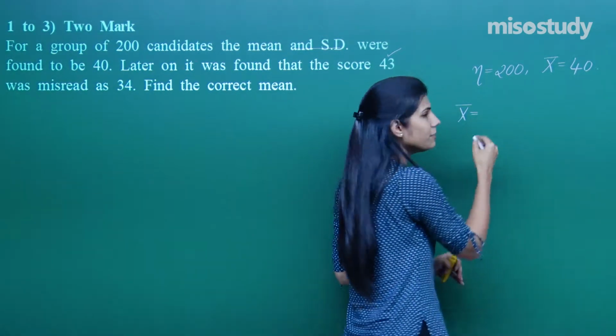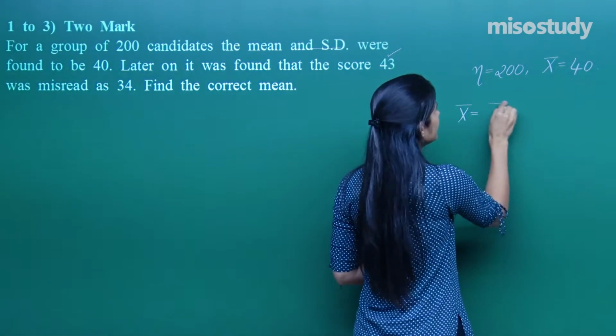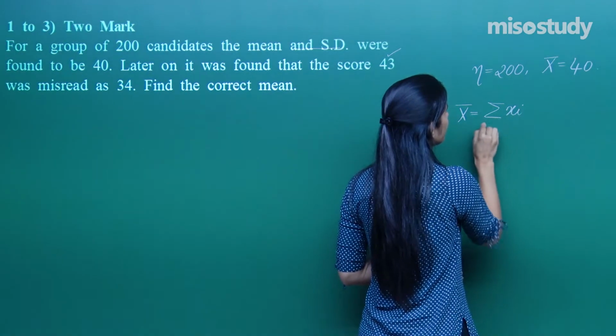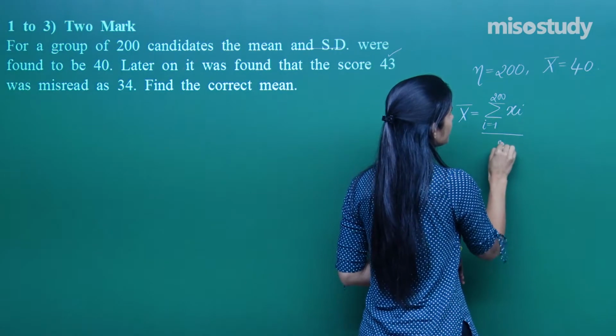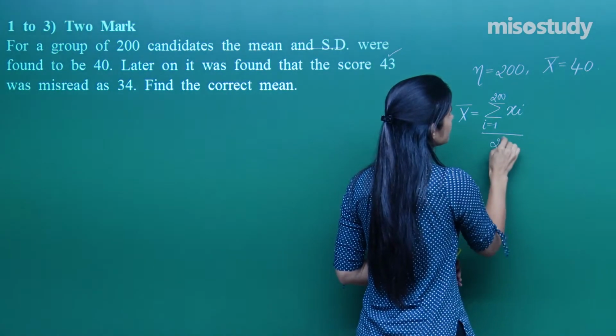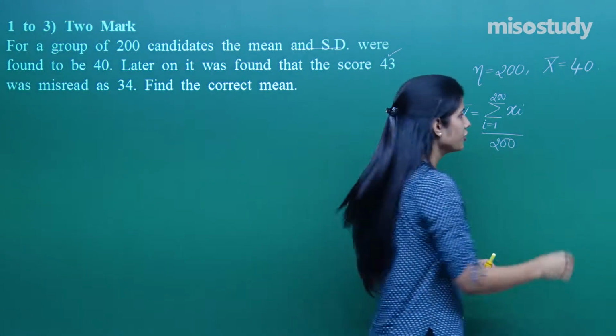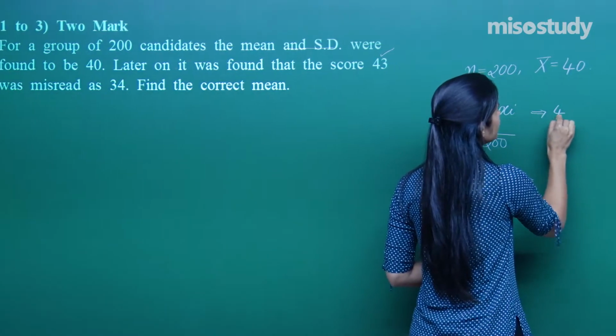So, if I talk about general mean formula, what is that? It is summation xi, i varying from 1 to n, n is the total number of observations which is 200, whole upon n, that is 200. Right now it is given to me that mean is 40.